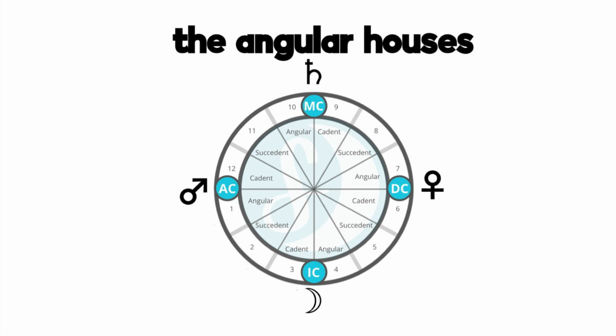But there's a little bit more of a nuance. What you have to understand is that when you look at your chart and you are breaking it down, you're going to see a lot of things about yourself, and some of those things might be unhealthy traits, and some of them might be healthy.